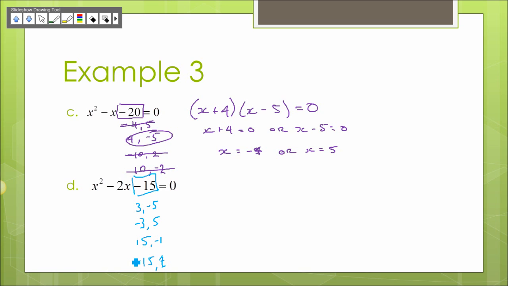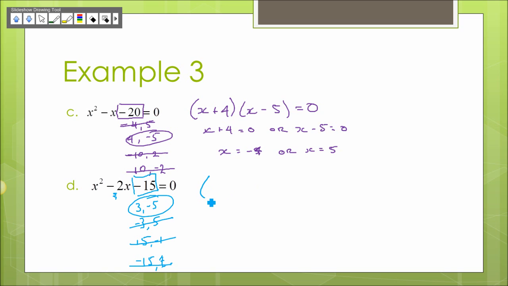Okay, again starting from the bottom, we're looking for adding them together to give us minus 2. Minus 15 and 1 is minus 14. 15 and minus 1 is positive 14. Minus 3 and plus 5 is 2. So, wrong one again. And 3 and minus 5 is minus 2.